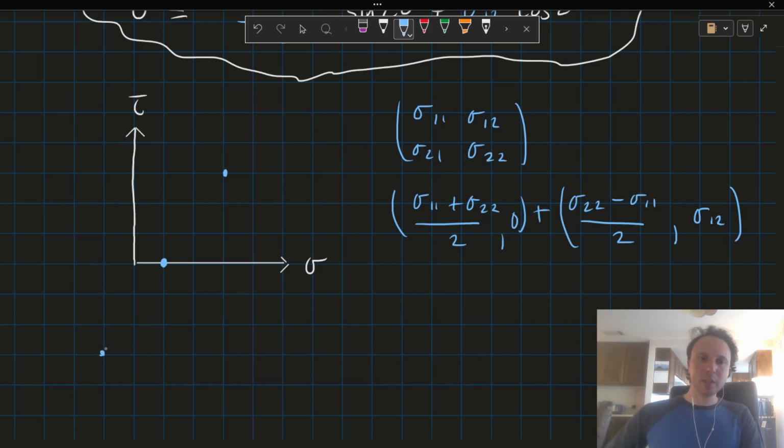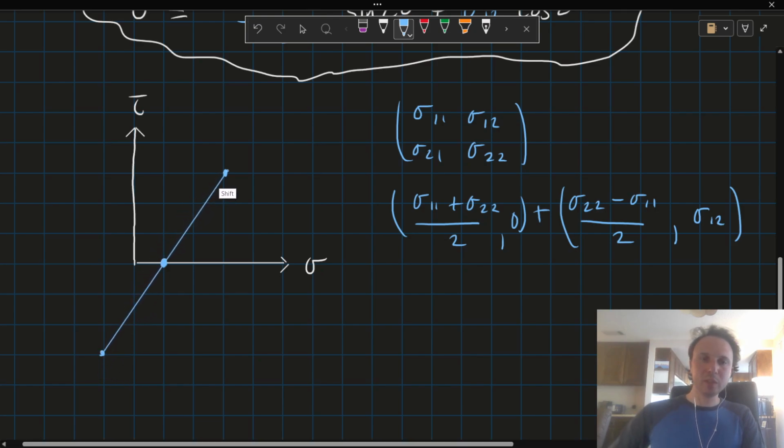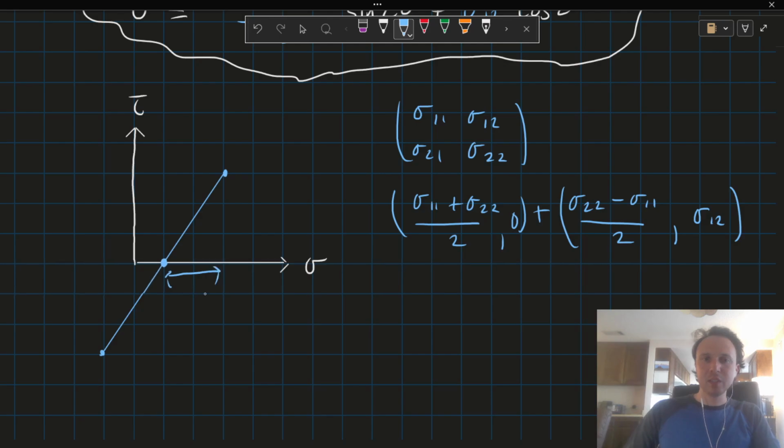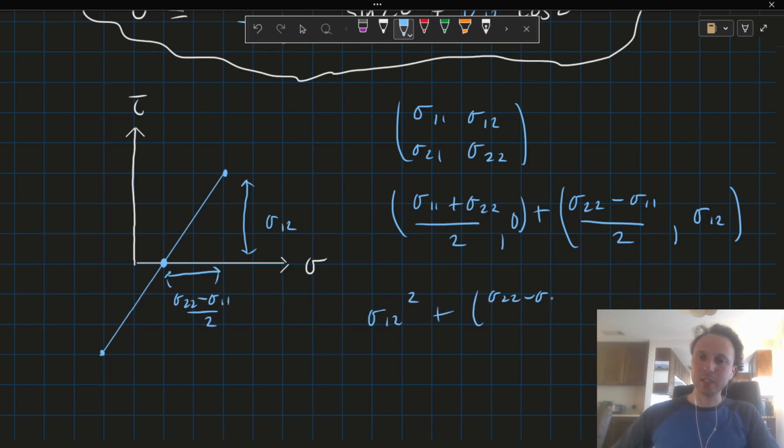So if we draw a line through these 3, that's now the diameter of our circle. So if you wanted to actually go through and calculate this, you would see that the x section here is our sigma 2,2 minus sigma 1,1 divided by 2. And the y part is our sigma 1,2. And so if we now calculate the radius of the circle using this, we would do sigma 1,2 squared plus sigma 2,2 minus sigma 1,1 over 2 squared.